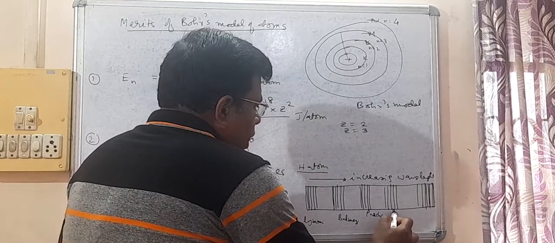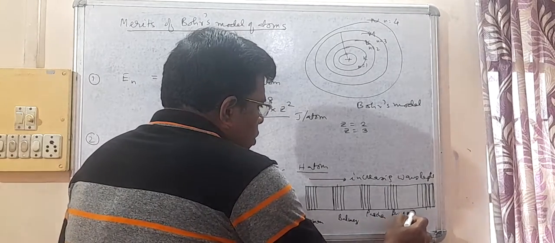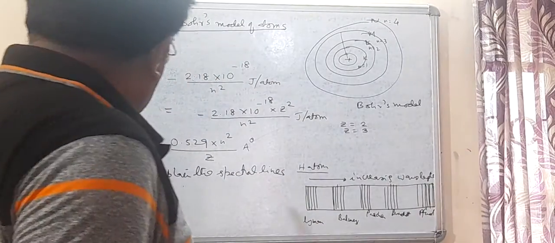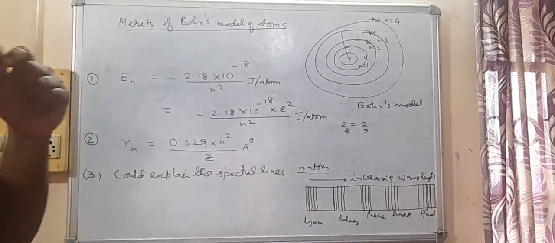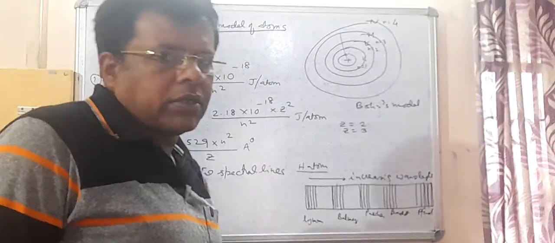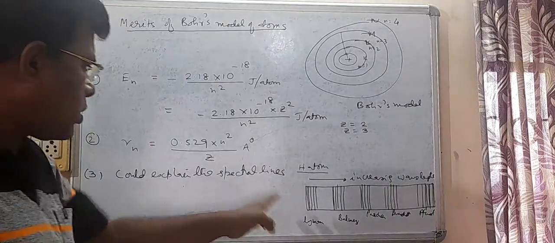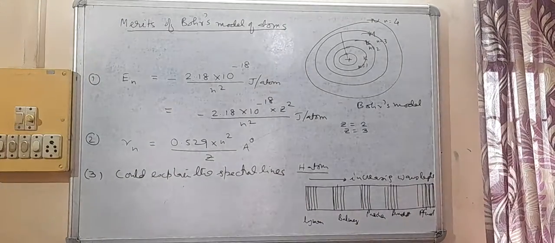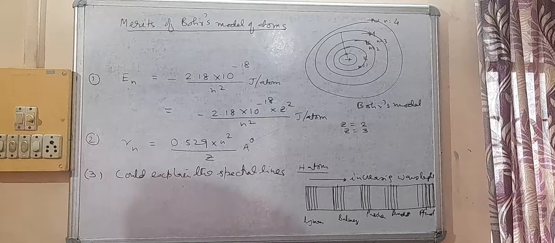This is called Brackett series, and this is Pfund series. So Bohr's theory was able to explain these spectral lines. Now we'll discuss how we can explain the spectral lines in terms of Bohr's model of atom.